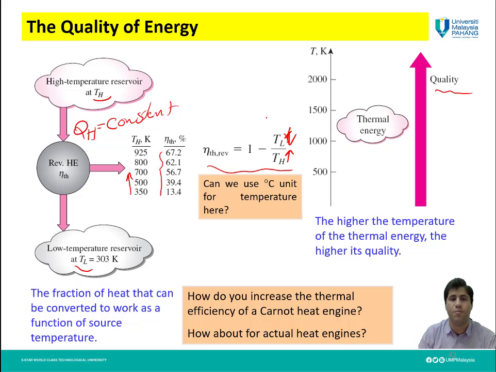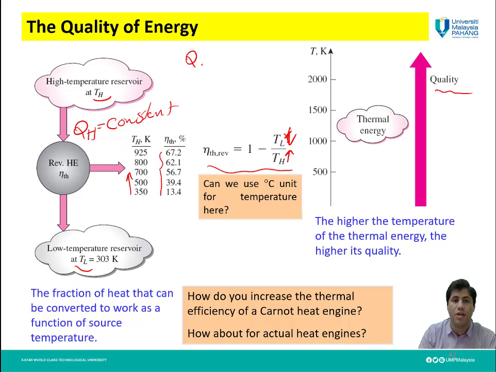In other words, up to now, according to the first law of thermodynamics, you know that if we have 100 kilojoule of energy, we may convert it to the work or a fraction of that. For example, if efficiency is 70%, it means 70 kilojoule of that energy can be converted to the work.